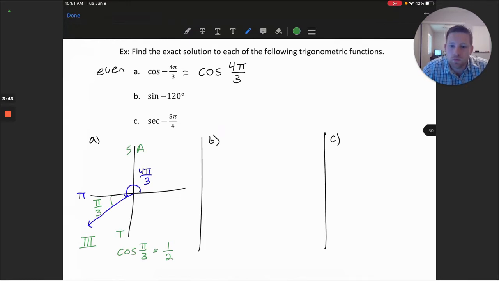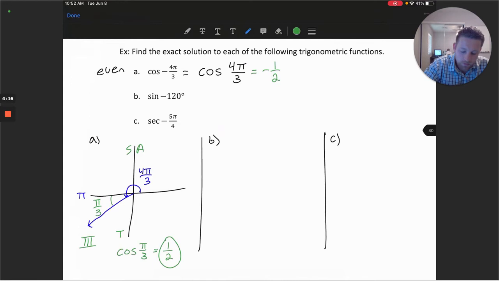So this result will be negative, and it will take on the reference ratio of 1/2. So this will end up being negative 1/2. You certainly can confirm that by taking a look at the unit circle, but you can work through each of these problems without necessarily having the written unit circle out.